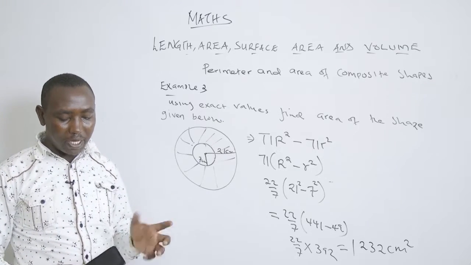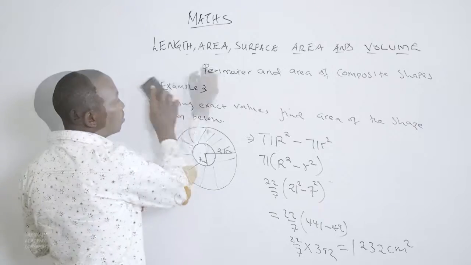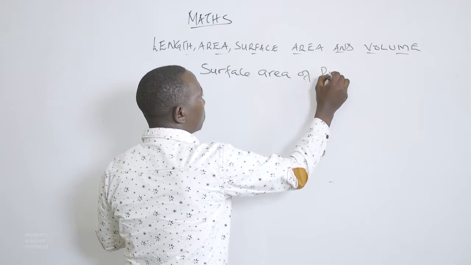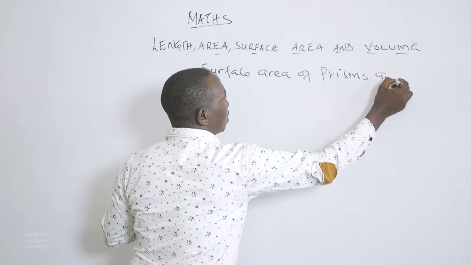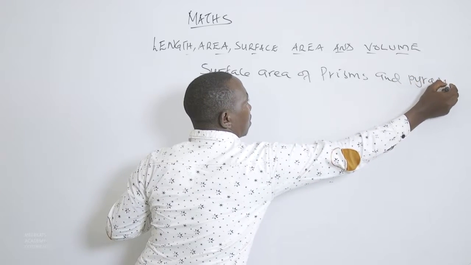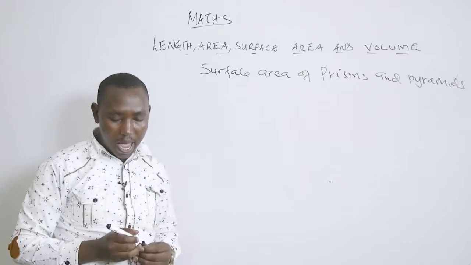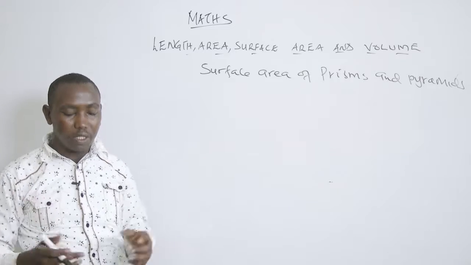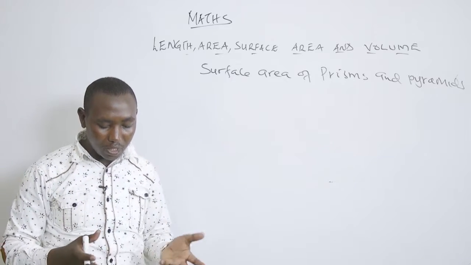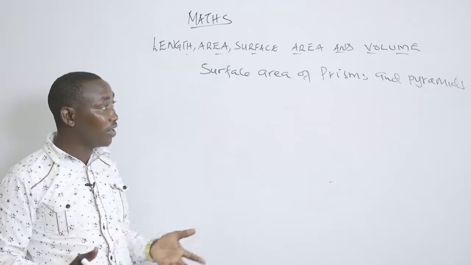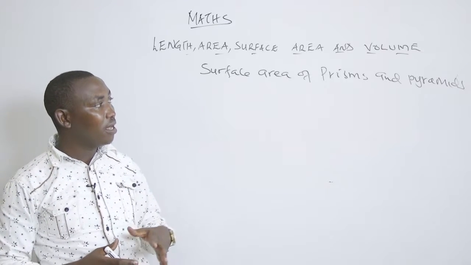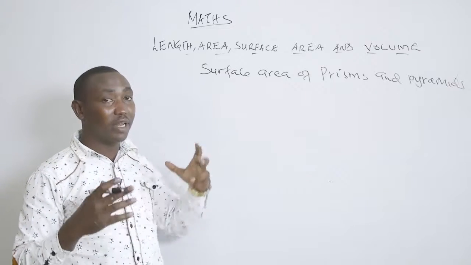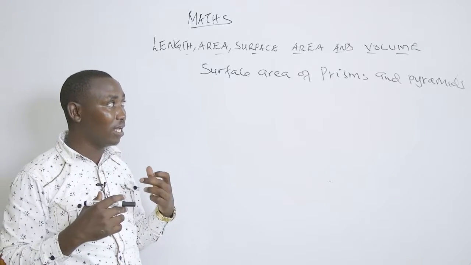Let us look at how we can find the surface area of prisms and pyramids. Now, prisms and pyramids have different formulas for calculation of their total surface area, in the aspect that prisms and pyramids normally have different shapes.